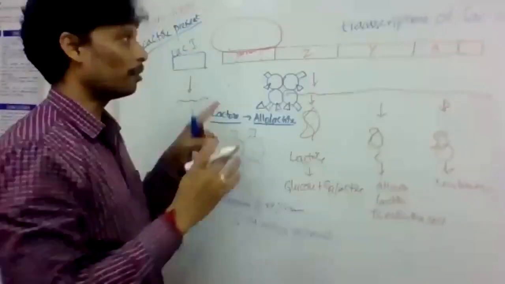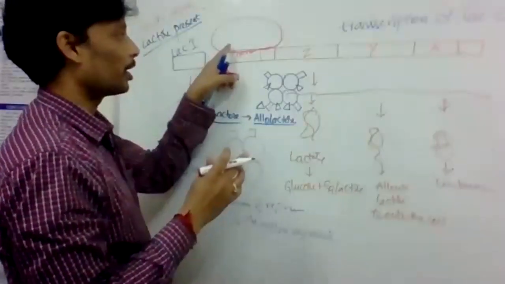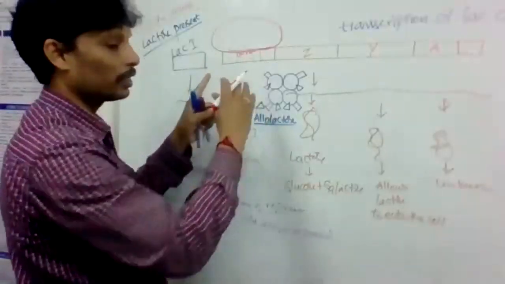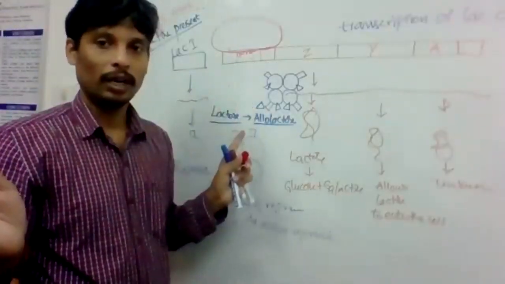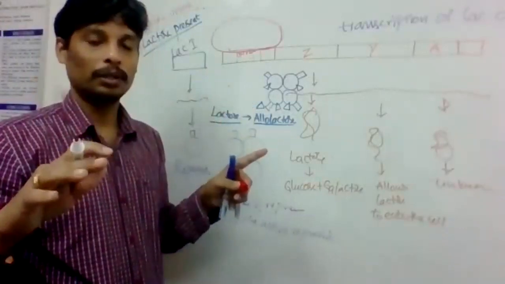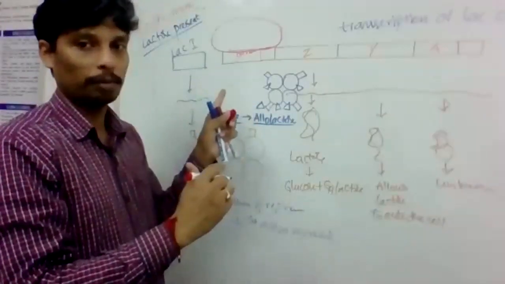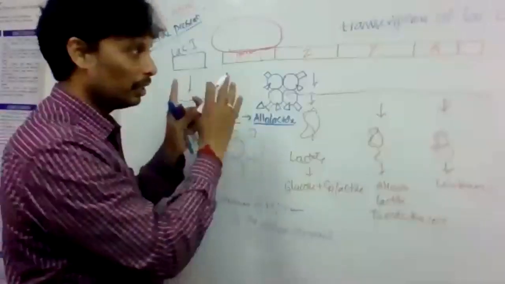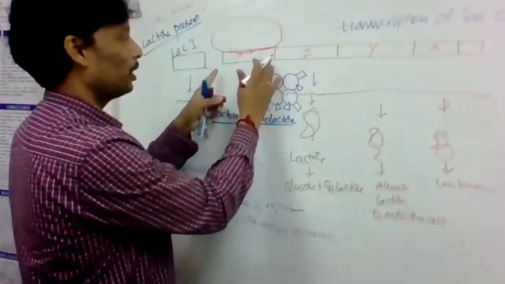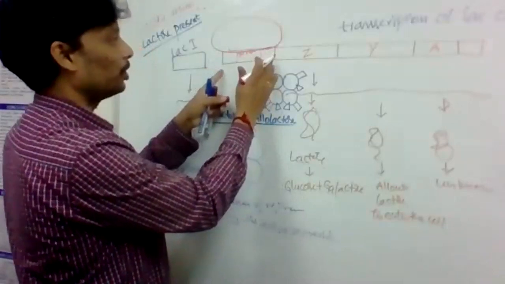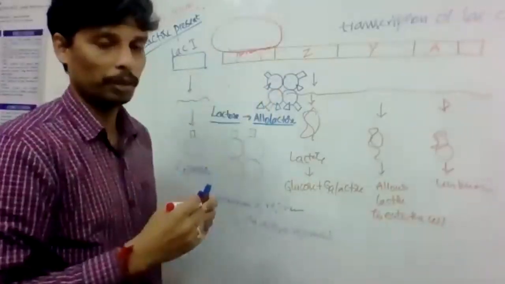When I'm talking about the affinity of the promoter for the RNA polymerase, I mean only this promoter, not the other promoters of the bacteria. Other genes' promoters may be strong enough to hold the same RNA polymerase, but this lac operon promoter's affinity is not strong enough to bind the RNA polymerase strongly.